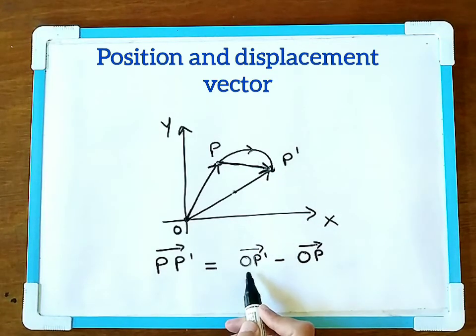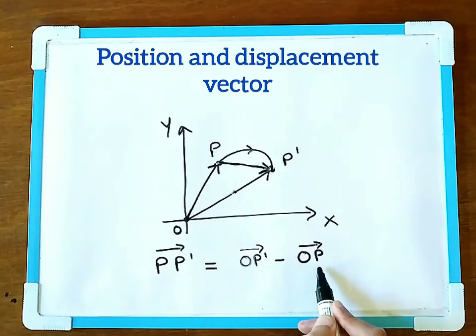So this is the final position vector, and this is the initial position vector.